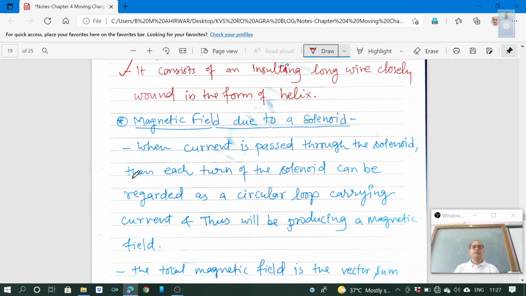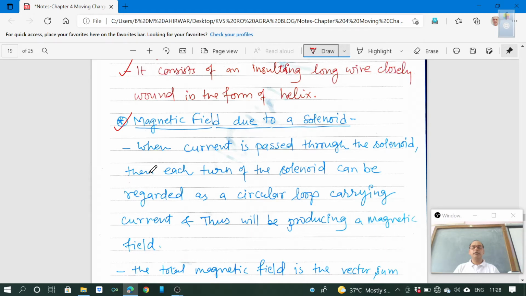So the process is here. When current is passed through the solenoid, that is, the bound insulated wire, then each turn of the solenoid can be regarded as a circular loop. So there are many circular loops on the solenoid.